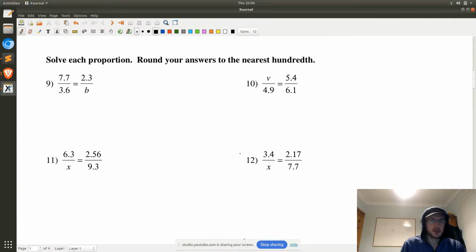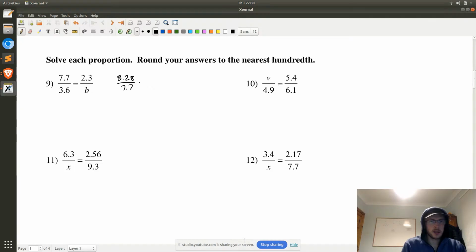Solve each proportion, rounding your answer to the nearest hundredth. Okay, so 2.3 times 3.6. What's that? 8.28 over 7.7.